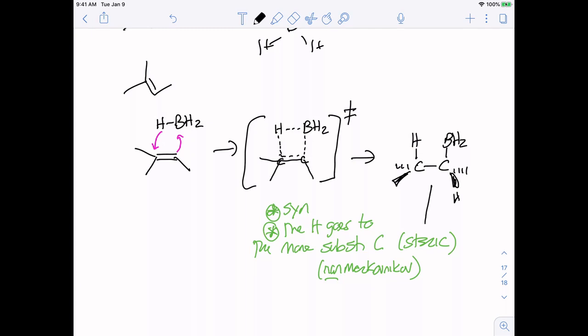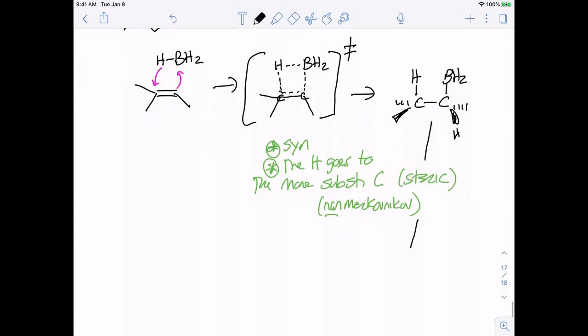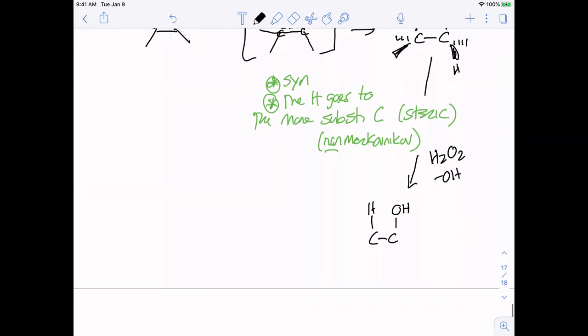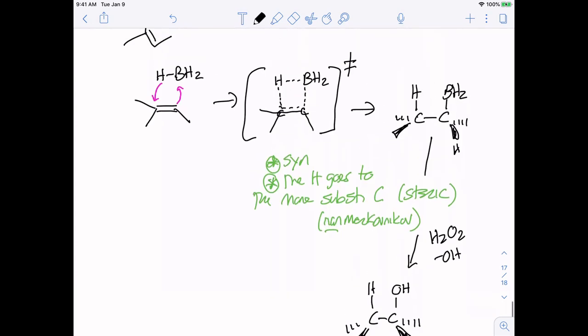I've run out of room, so we're just going to go down here. I know it's weird, but this is where we show in our hydrogen peroxide and our hydroxide, and we end up with that group becoming an OH group. So the boron's gone, I have a hydroxyl group instead. And you don't need the mechanism for that part. We are just doing kind of the partial mechanism. So don't need mechanism.